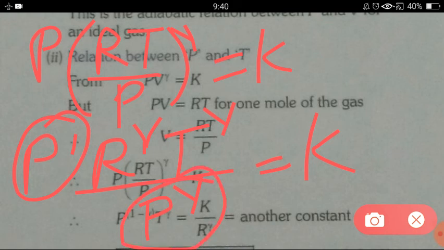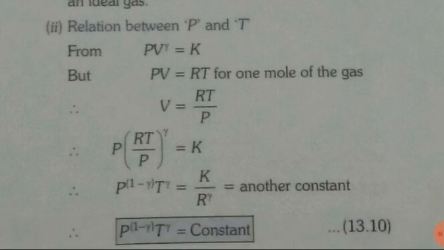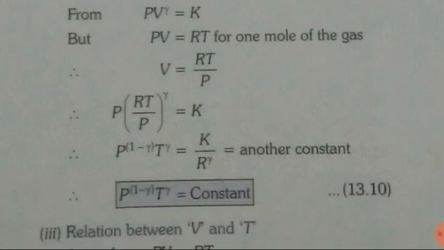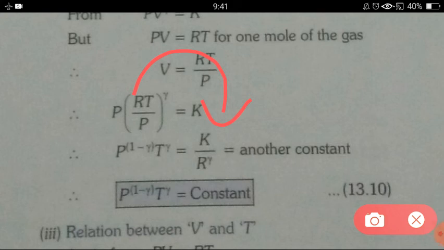We have the formula that A to the power n upon A to the power m gives A to the power n minus m. So for P we get P to the power 1 minus gamma. For T we have power gamma, and R to the power gamma, when we transpose to the right hand side, will come in the denominator. So we have this equation finally.